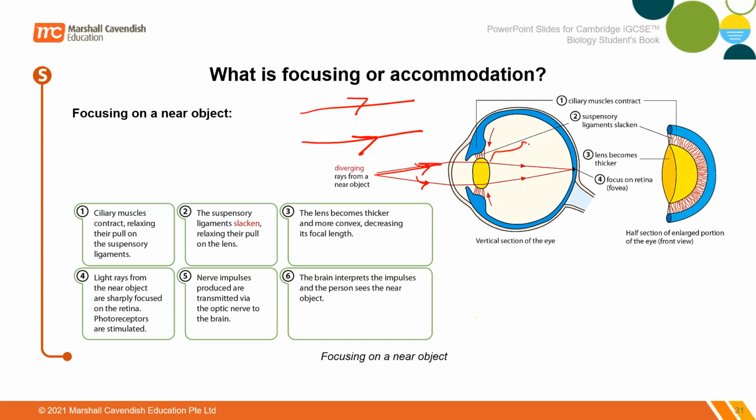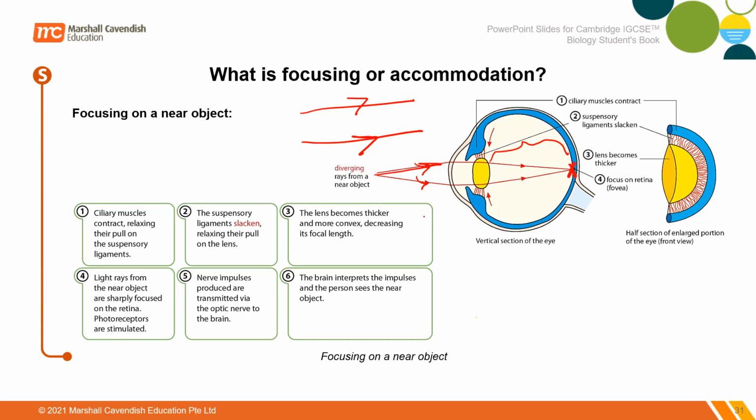This will shorten the focal length, all of this just to control the receiving of the light rays accurately on the fovea.